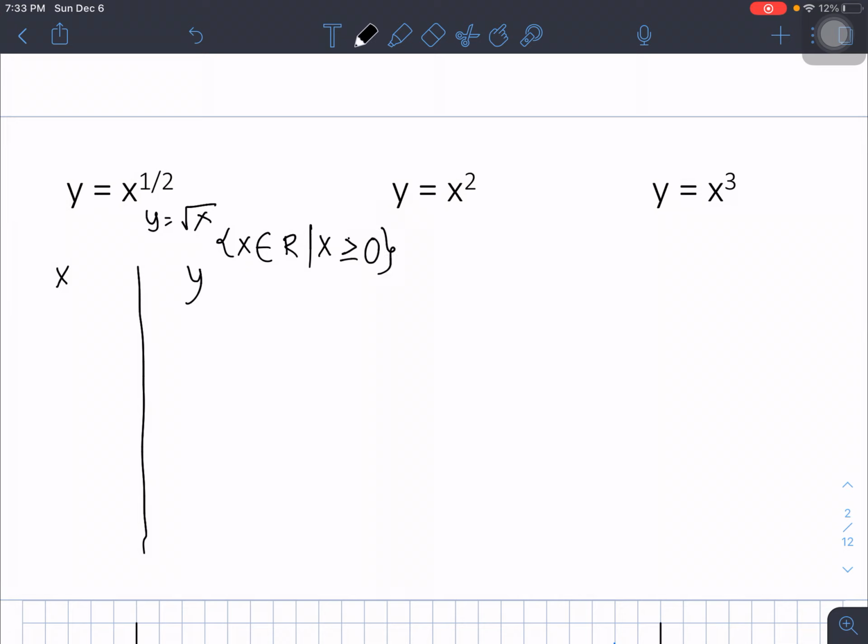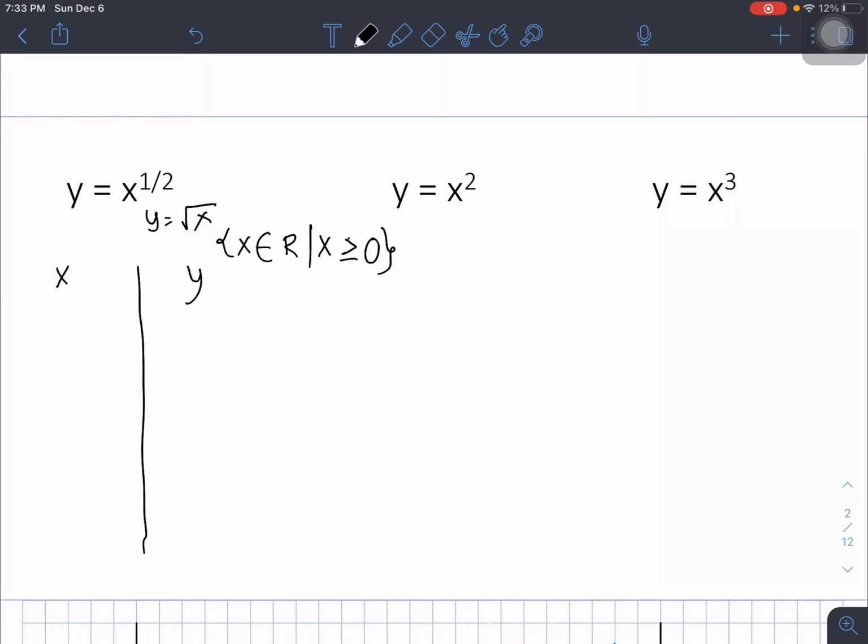If x is less than 0, it is a negative number, and we could not solve for the value of y, because the square root of a negative number is an imaginary number. So we will limit our domain to 0 up to positive infinity.